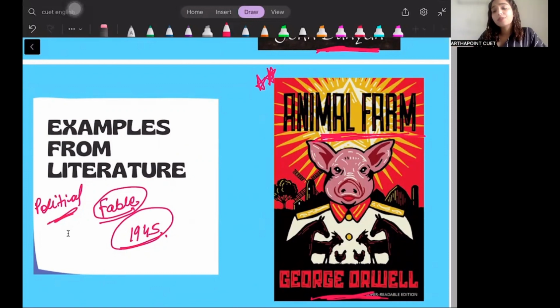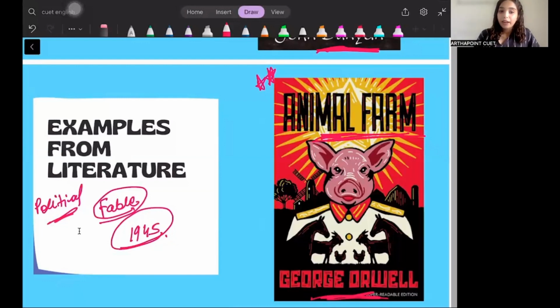Right. Now, this book was also based on the Russian revolt that was going on and the betrayal of the cause by Joseph Stalin. Right. So George Orwell in this particular work was criticizing the sovereign socialist party. Right. So that is the basic moral of the story.